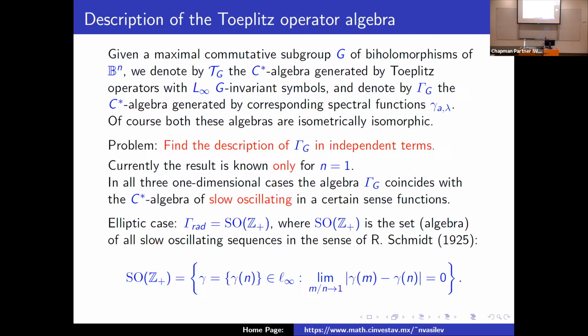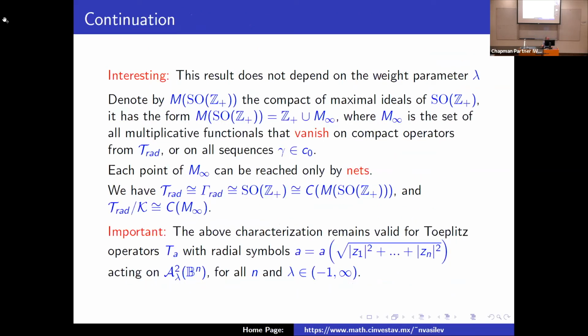He did it for an absolutely different purpose, but we may say that the Toeplitz operator algebra is isometrically isomorphic to the C*-algebra of slowly oscillating sequences. What is interesting? This result does not depend on the weight parameter.